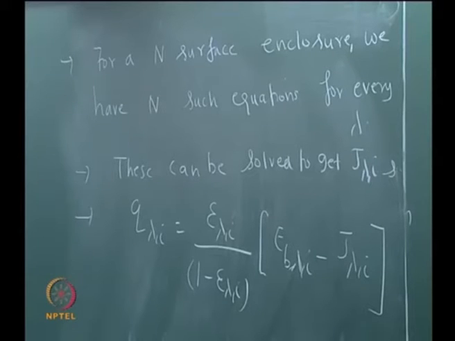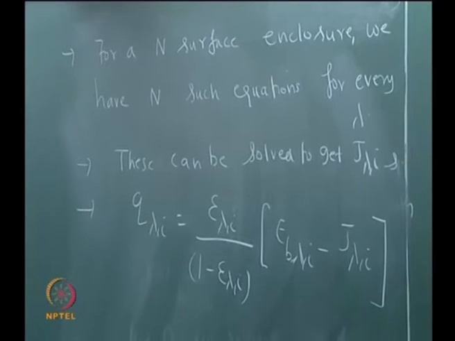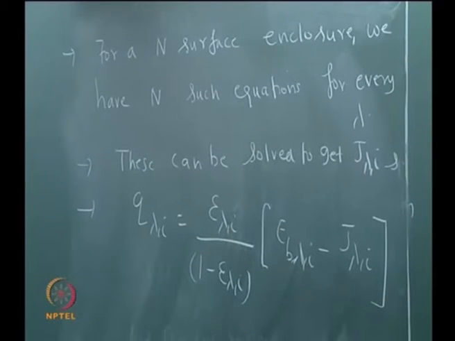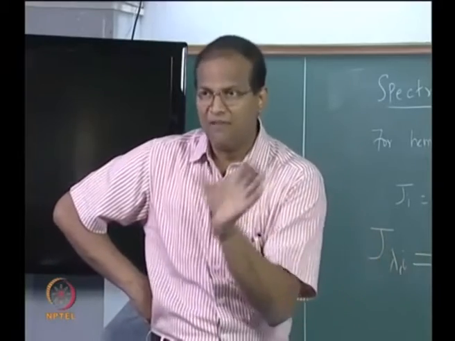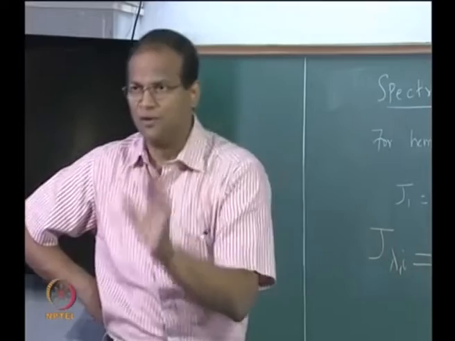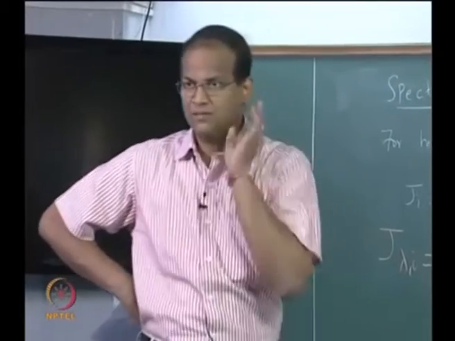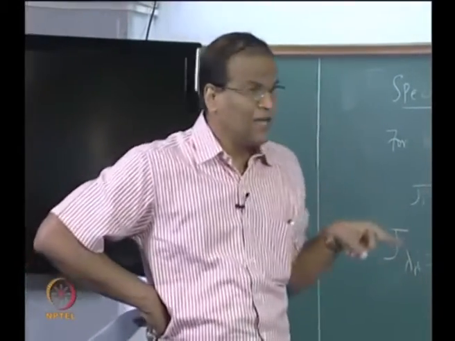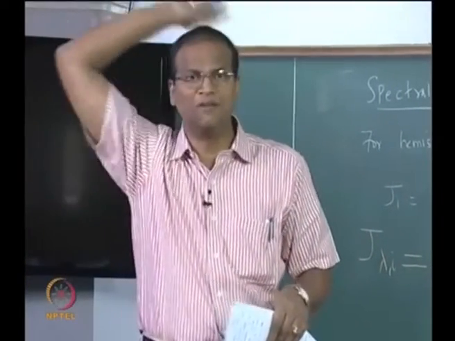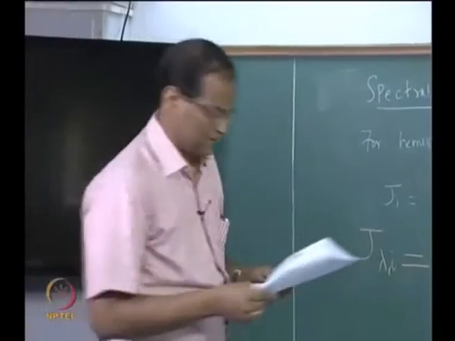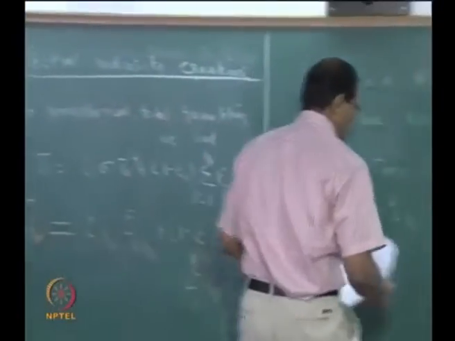So the q lambda i will be epsilon lambda i by 1 minus epsilon lambda i, into E b lambda of i minus J lambda i. What is the E b lambda i? It will be the F function in that wavelength interval multiplied by sigma T to the power of 4, only that much. That E b lambda i will become sigma T to the power of 4 if the J lambda is replaced by one general J which we used in the previous classes, correct? Yeah. What is the key point here?